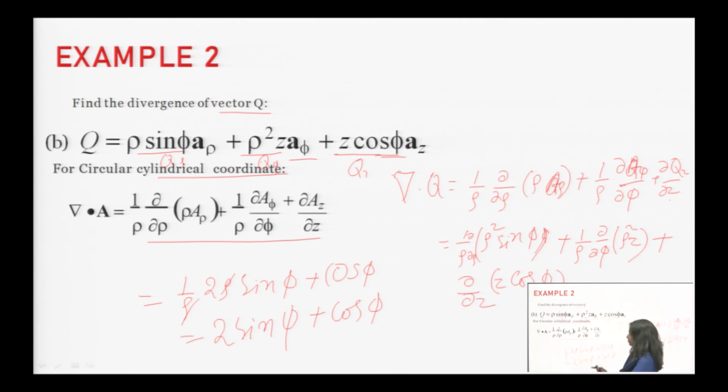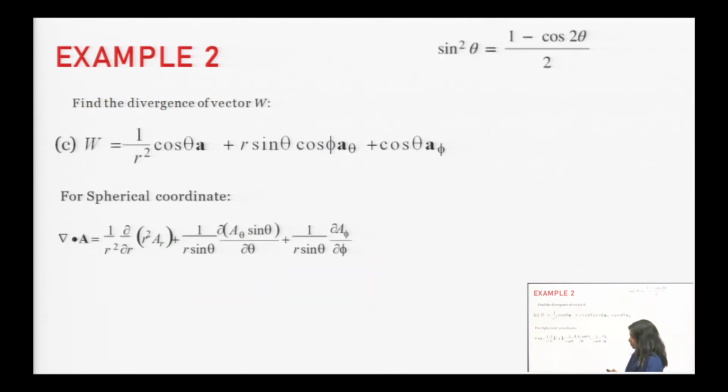So in this way we can solve other problems also. For example, this is a vector function given in spherical coordinate, because here we can see that there are two kinds of angle, phi and theta. It shows that the function is given in spherical coordinate, and for spherical coordinate the formula for divergence is given like this.